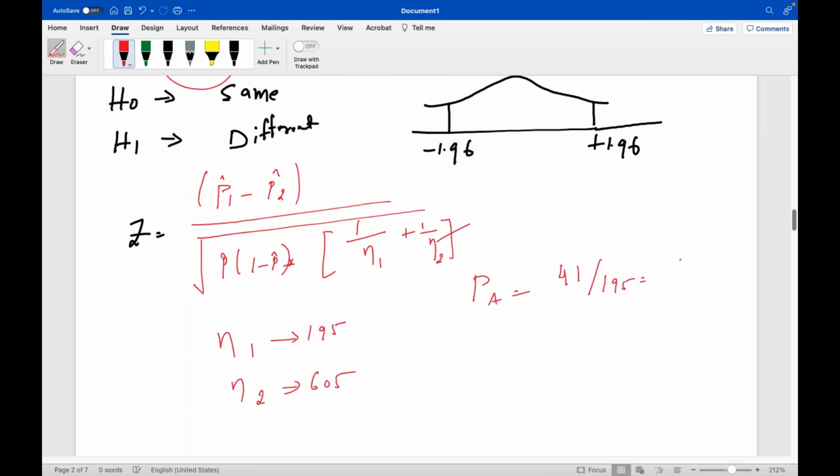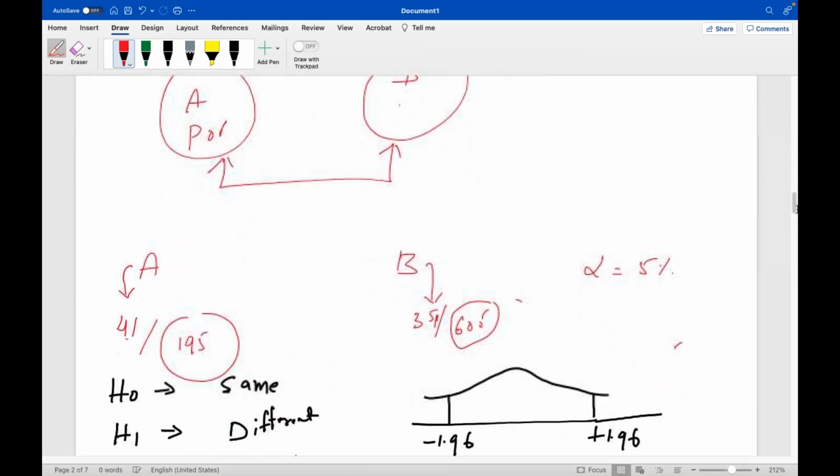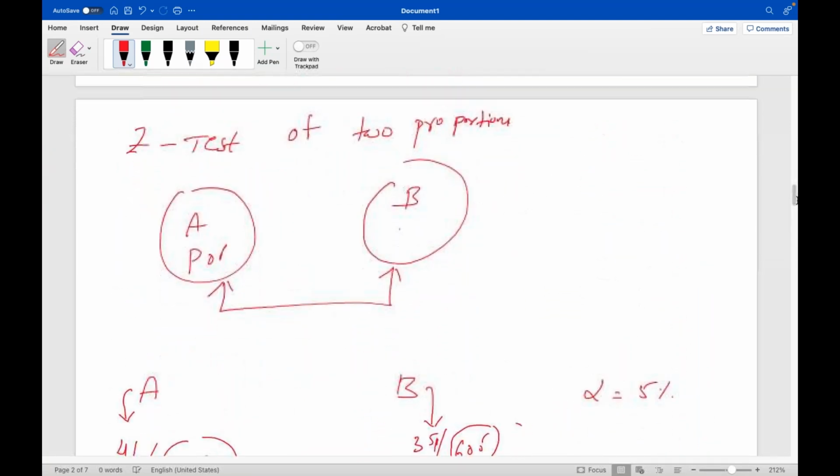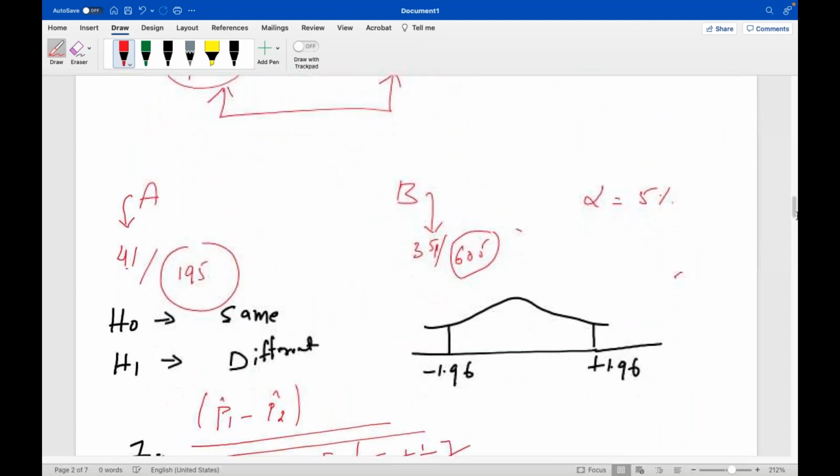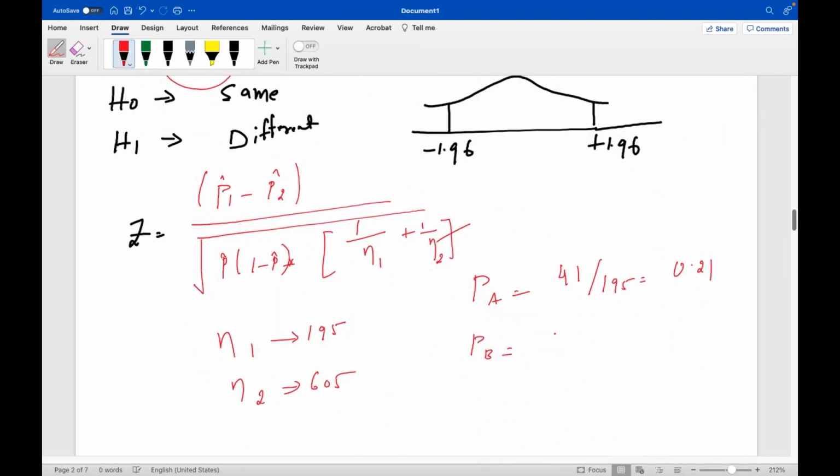What is the value here? It's 0.21. Meanwhile, the drug 2 proportion, which works fine on 351 people out of 605. What is the proportion of drug 2? It's 0.58.